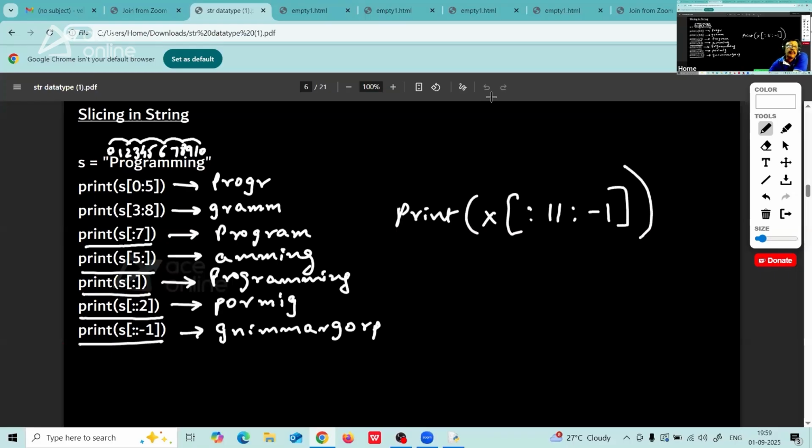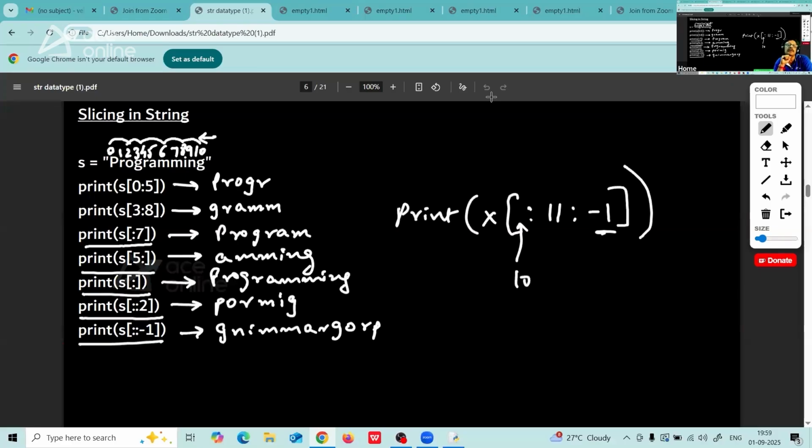Now you see increment is negative and you're not given start. So if the increment is negative, you have a plan of coming back, but you're not given from where you want to come back. So by default, Python will decide it will start from the end. That means the start taken is 10 here. So you want to start the slicing from 10 and come backward.